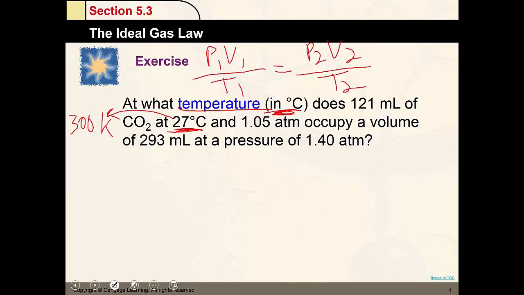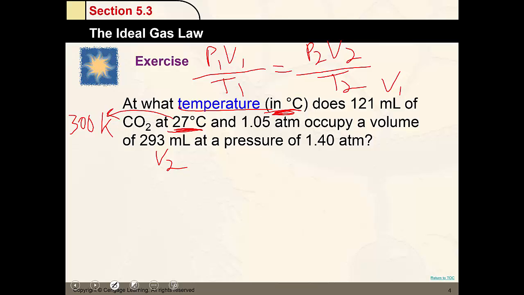And you'll notice here both of these volumes, the initial volume V1 and the final volume V2, are both in milliliters. If we were using the ideal gas law, you would have to convert these. But since we're not using R, since we're not using the gas constant, you do not have to convert them to liters since they are the same unit and will cancel out.